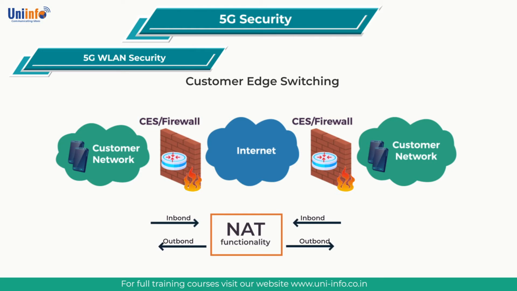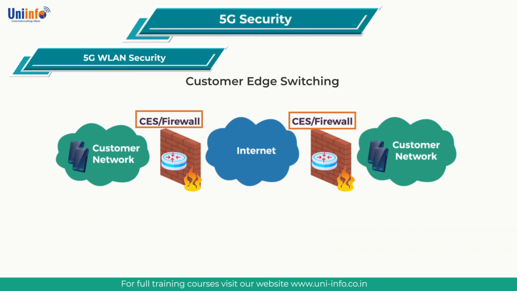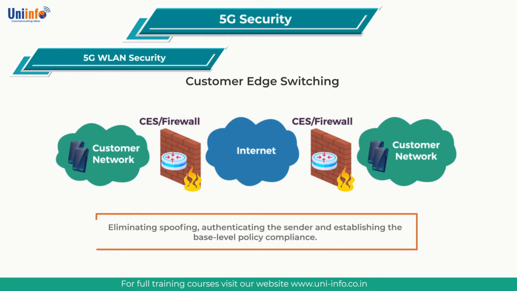In the context of security, CES can be seen as an extension of the traditional stateful firewall functionality into a cooperative firewall. Compared to classical stateful firewalls, which either accept or drop an inbound packet, CES can issue additional queries to the source network, for example, for the purpose of eliminating spoofing, authenticating the sender, and establishing base level policy compliance.